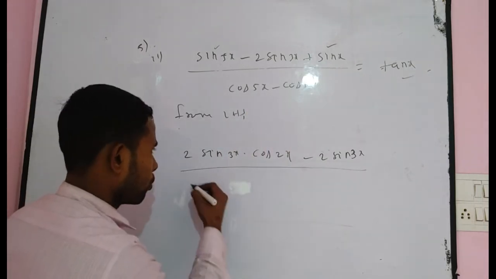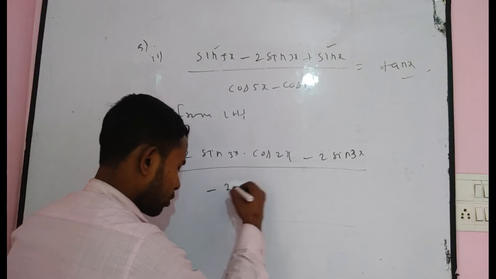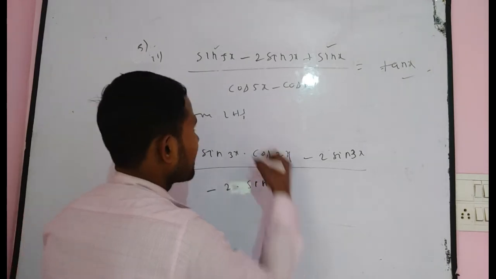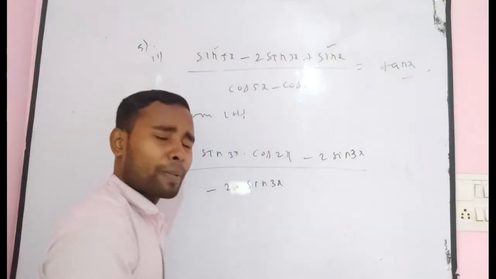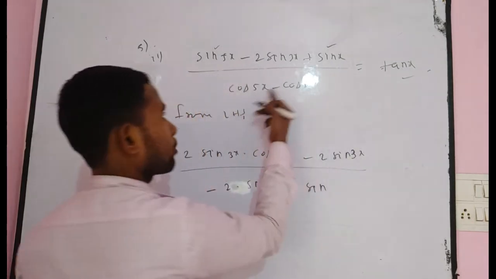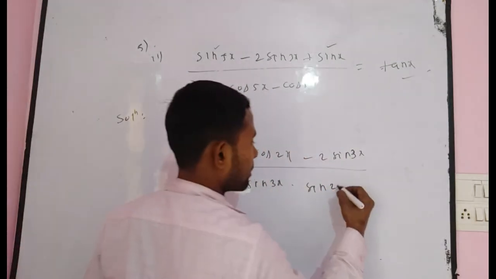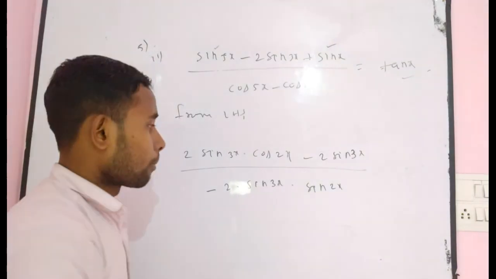I have already told you, cos c minus cos d is equal to minus 2 into sin (c plus d) by 2, that means 5x plus x by 2, that means 3x, into sin (c minus d) by 2, that means 5x minus x, that means 4x by 2, that means 2x.